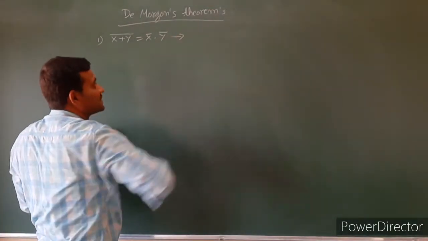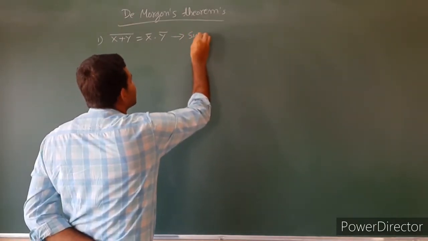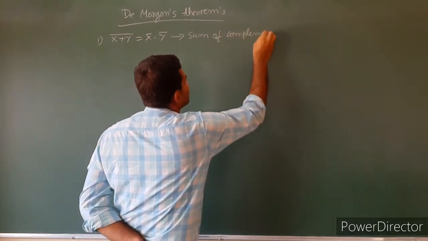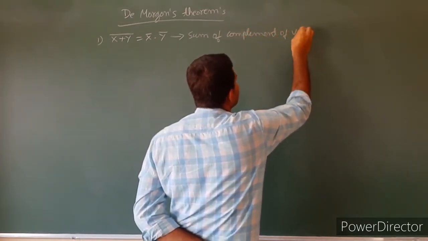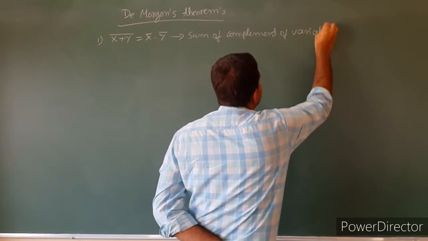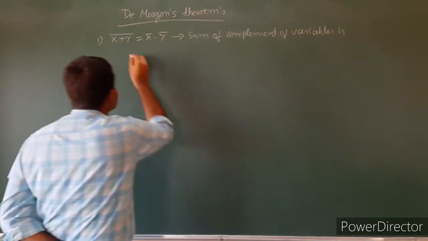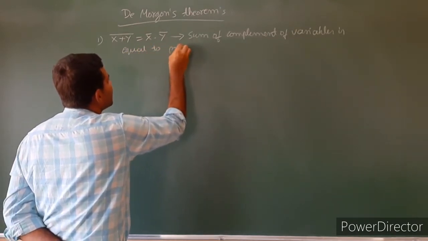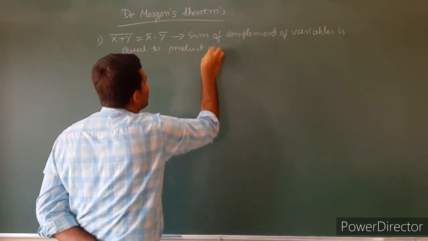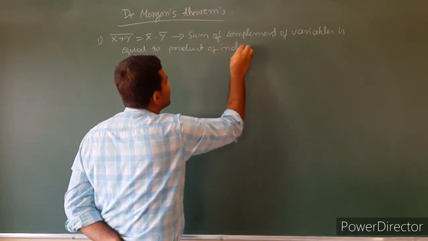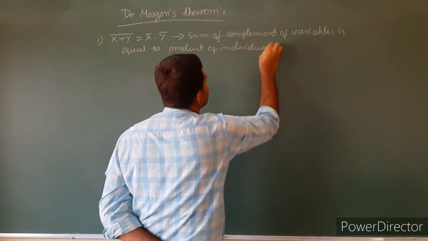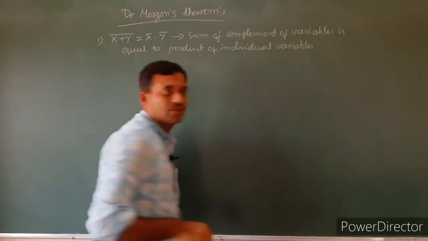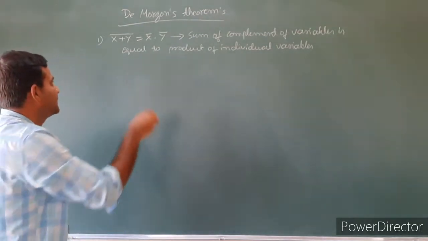The theorem states that the complement of the sum of variables is equal to the product of the individual complemented variables. Let's see the proof.